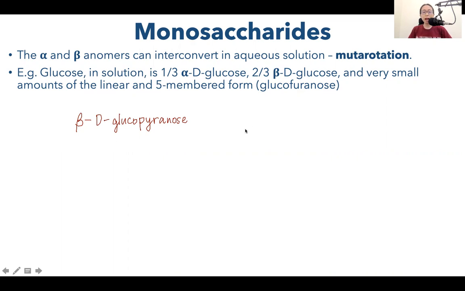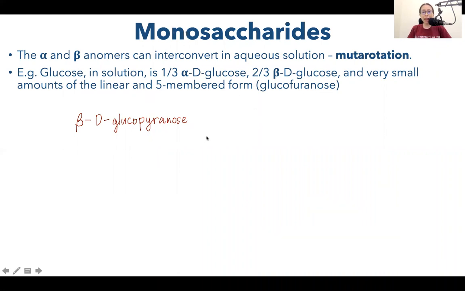Likewise, if I start with purely the alpha anomer of glucose, in time it will produce the same proportions. So after some time, if I check the glucose in my solution, one third are in the alpha anomer, two thirds are beta anomers, and very small amounts of the linear and 5-membered rings.